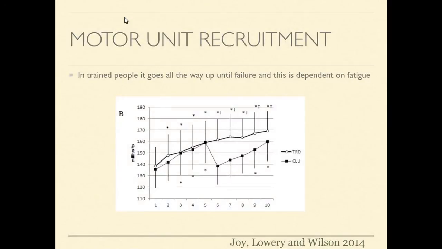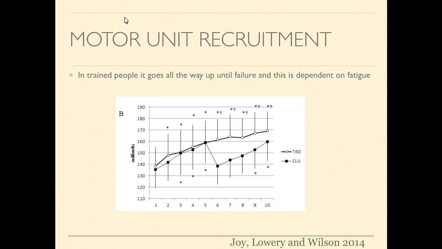This is data from our lab, and you're looking at motor unit recruitment in traditional training. They did a 10 RM, they trained to their 10 RM max. You look from rep 1 to 10, that's the open group or traditional group. Motor unit recruitment goes up from rep 1 to 10.